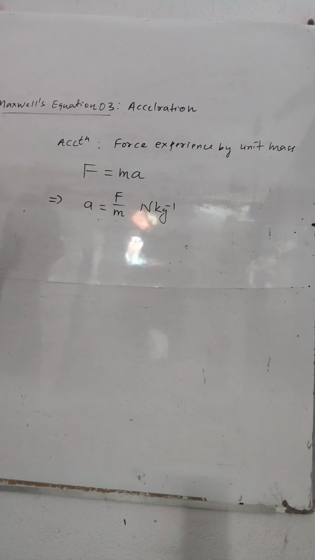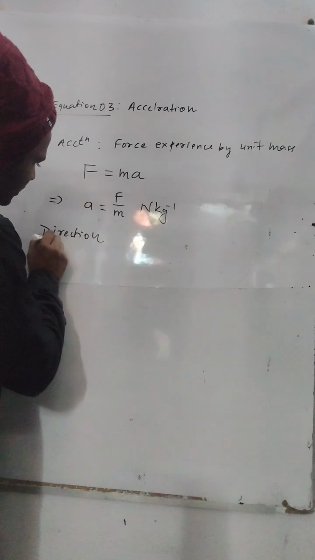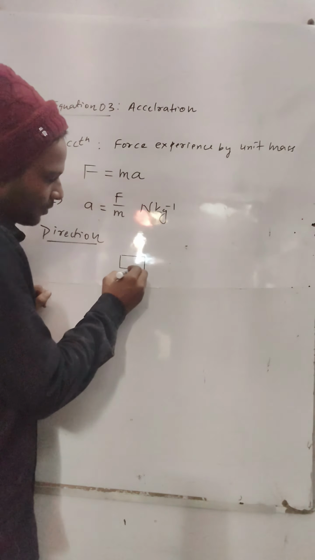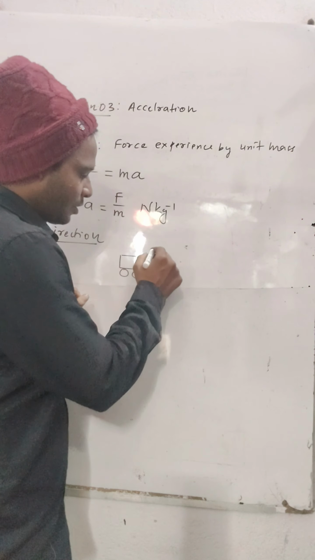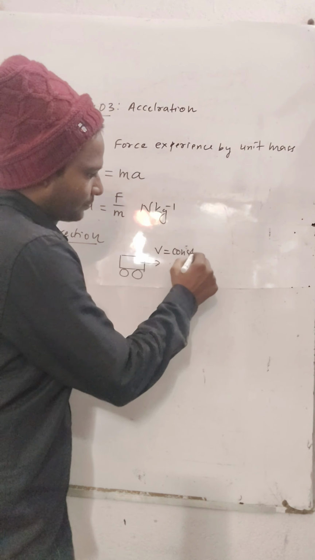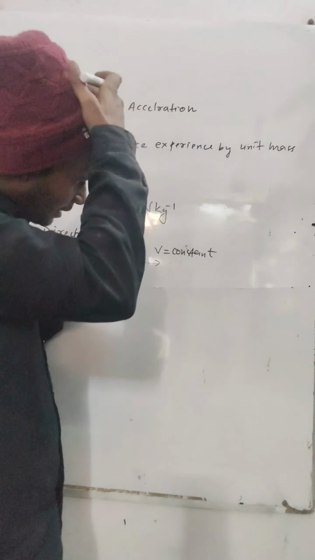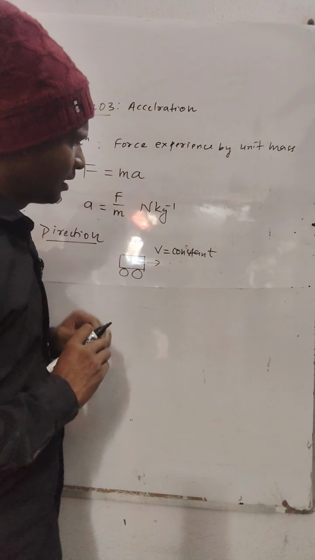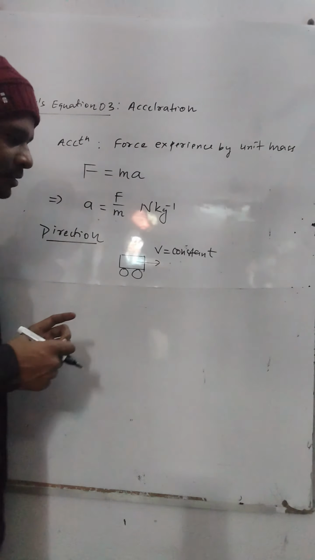This is the acceleration. What is the direction of acceleration? The direction of acceleration, in general, in experience, suppose a vehicle is moving with constant velocity or uniform velocity, then this vehicle or this car does not experience any difference.